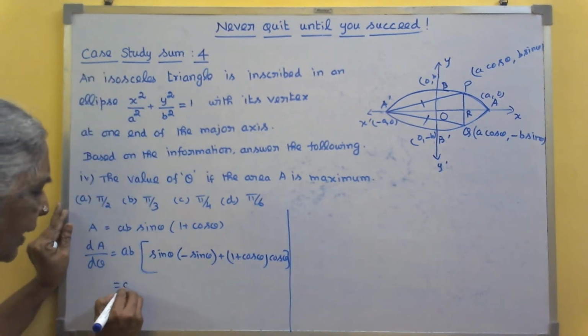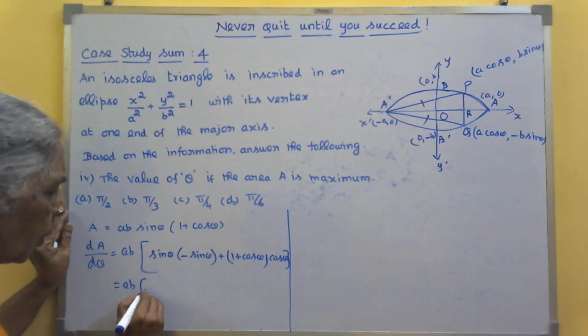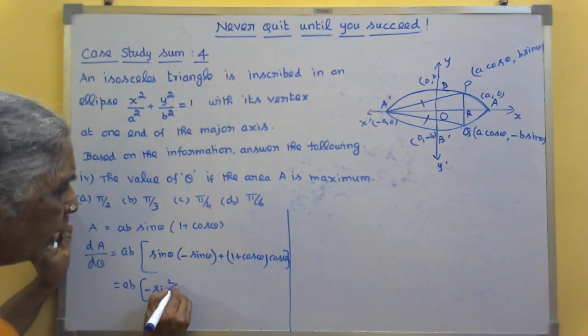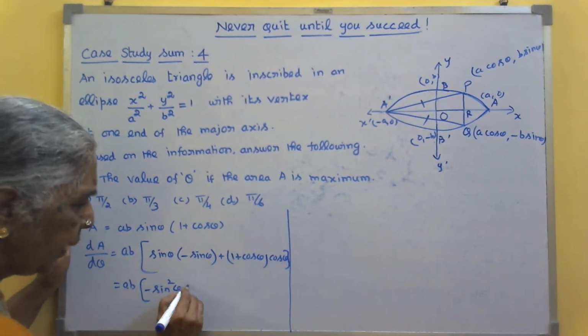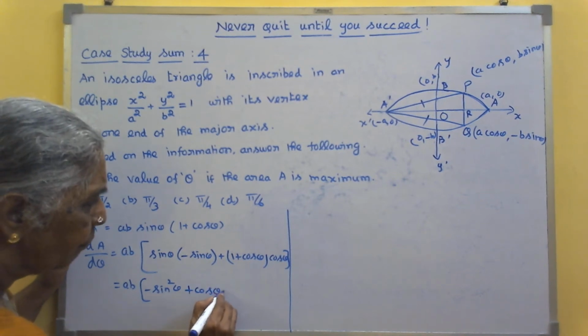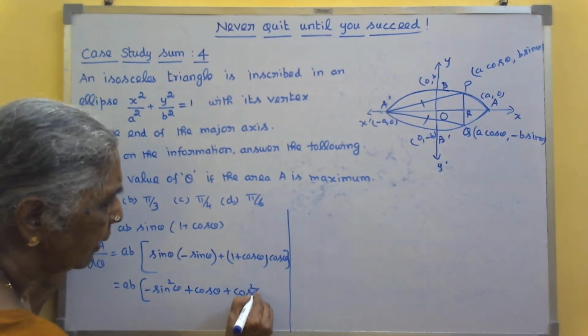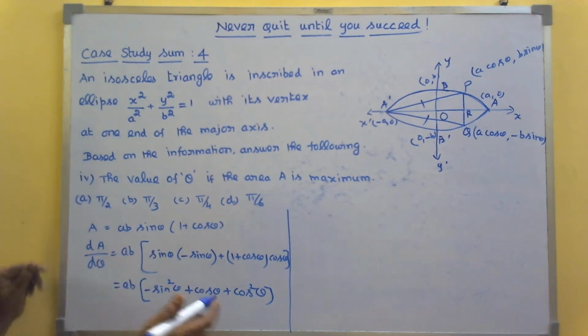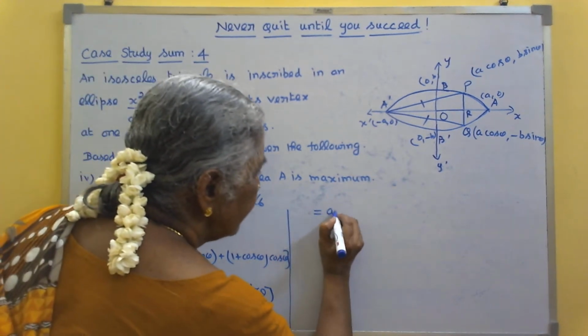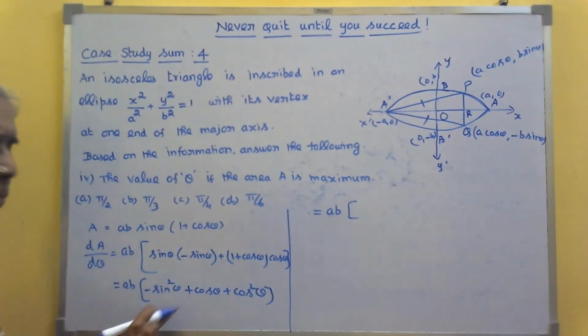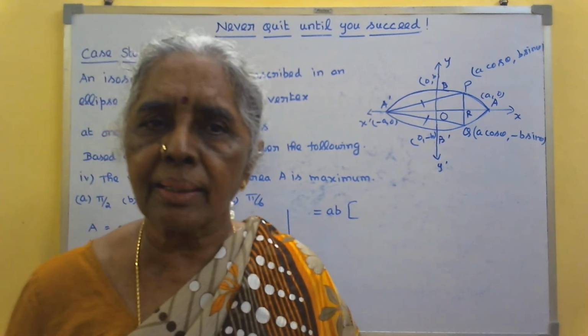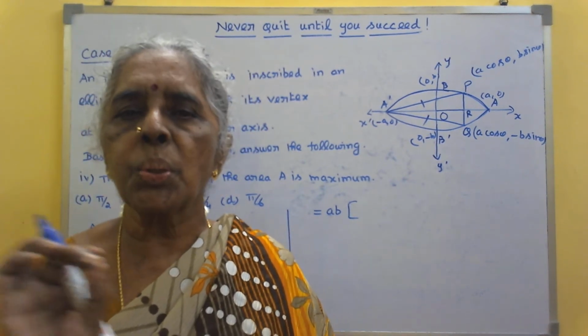So, let us expand the bracket. AB into, you will get minus sin squared theta. Cos theta into 1, that will be cos theta plus cos squared theta. Let us simplify it a bit. You will get AB into, what is cos squared theta minus sin squared theta? You know it is cos 2 theta.